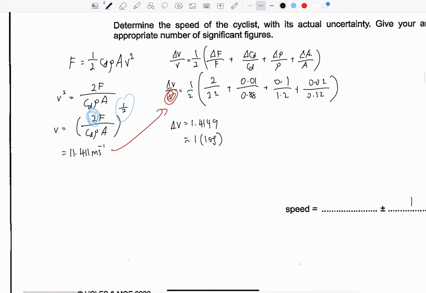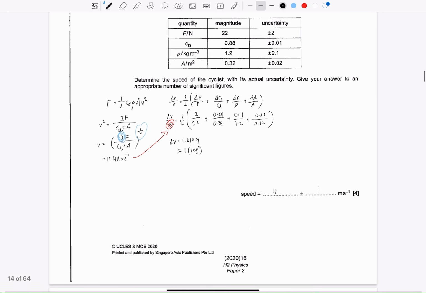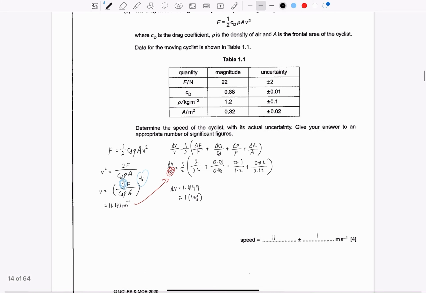The number of decimal places that delta V has is 0. So for V, we will follow that and have 0 decimal places for V. So it will be 11. Everything after the decimal point is not considered. So that's it. So your 4 marks. Okay, next.